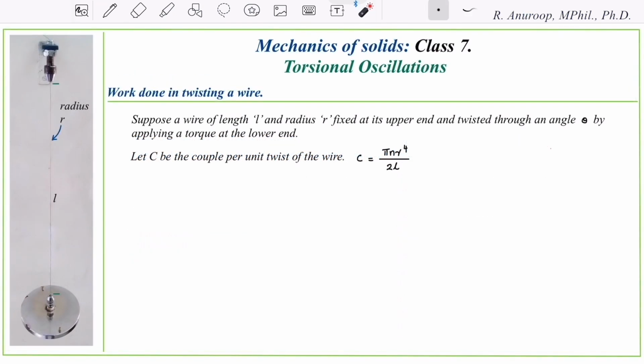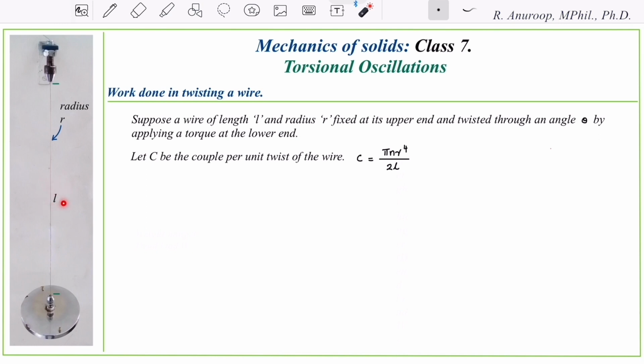Let us find out the work done in twisting a wire. Suppose a wire of length L and radius R is fixed at its upper end and twisted through an angle theta by applying a torque at the lower end.